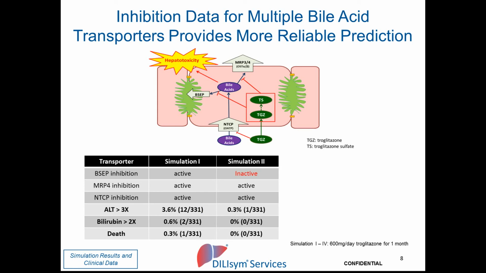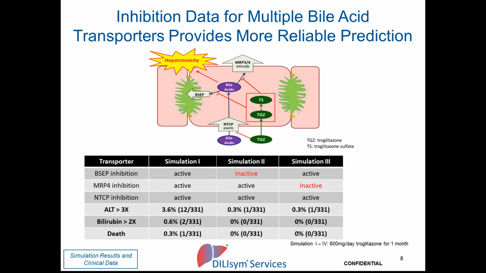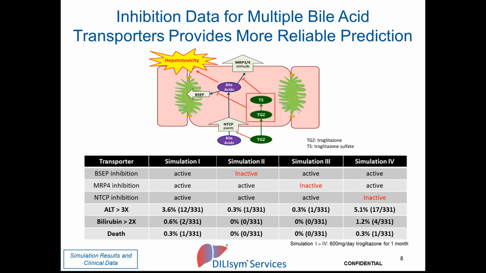If we remove the BSEP inhibition, the incidence of predicted ALT increases is reduced tenfold. Whereas if we render MRP4 inactive, again, it's virtually no ALT increases. If we render NTCP inactive, then actually there's an increase in the proportion of ALT incidence.